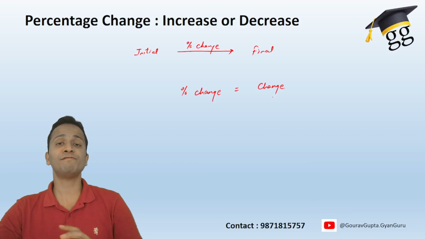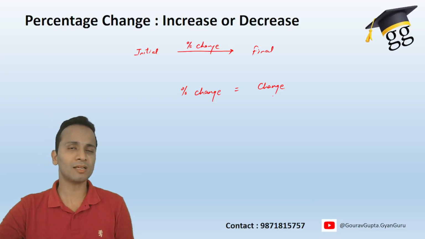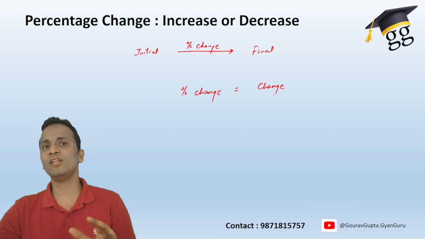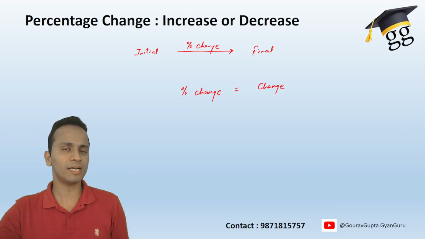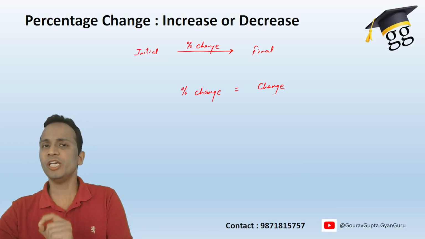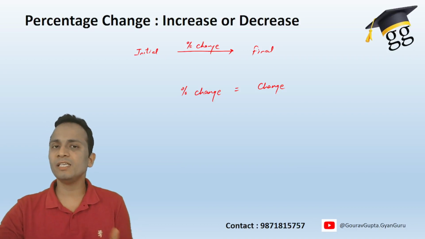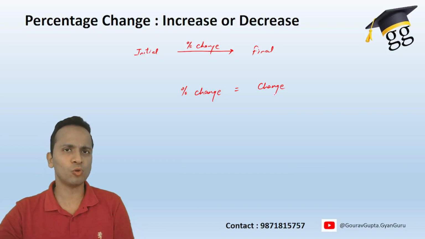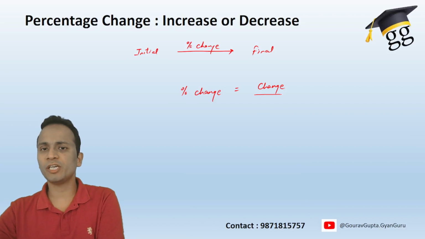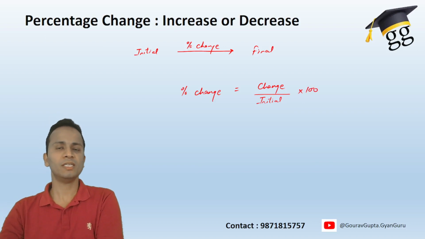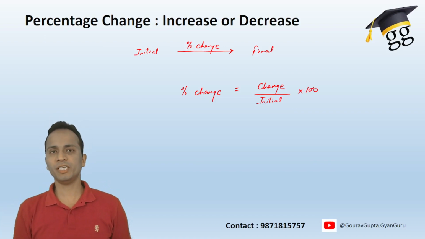I'm not saying कि final value minus initial value calculate करना है या फिर initial value minus final value calculate करना है. मैंने क्या लिखा है? चेंज. सो जितना भी वैल्यू वाइज चेंज है, whether it is an increase or a decrease, you will have to write it. Okay, now change divided by initial value multiplied by 100. This is how we define percentage change.